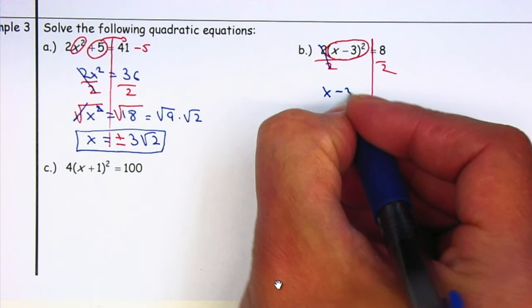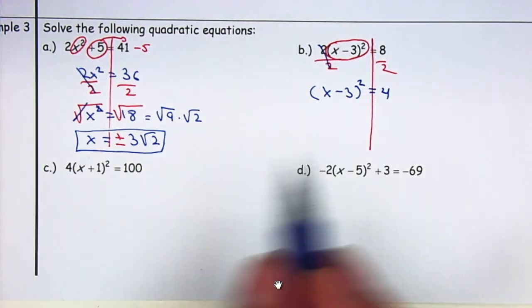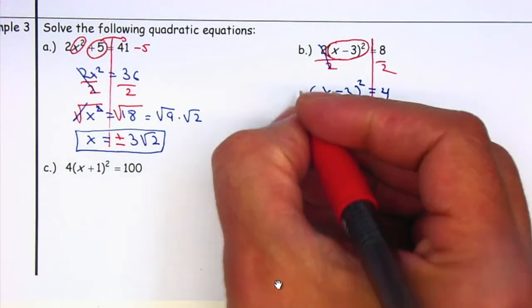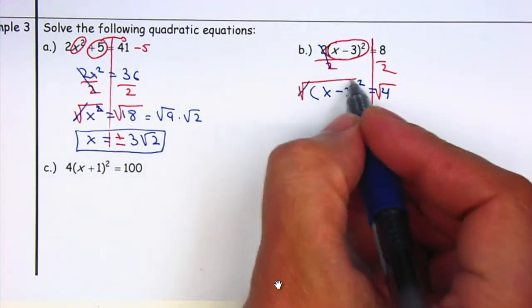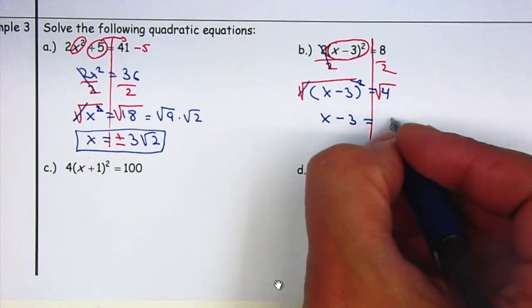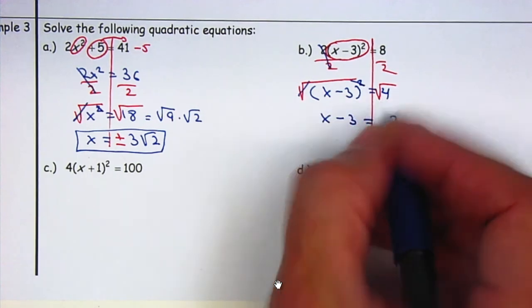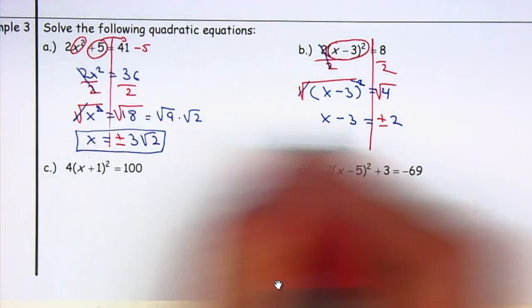We have x minus 3 squared is equal to 4. And now I can get rid of the square. Take the square root on both sides. The square root and the square cancels. So we have x minus 3 is equal to, the square root of 4 is 2. But remember, since I took the square root on both sides, that'll be plus or minus 2.